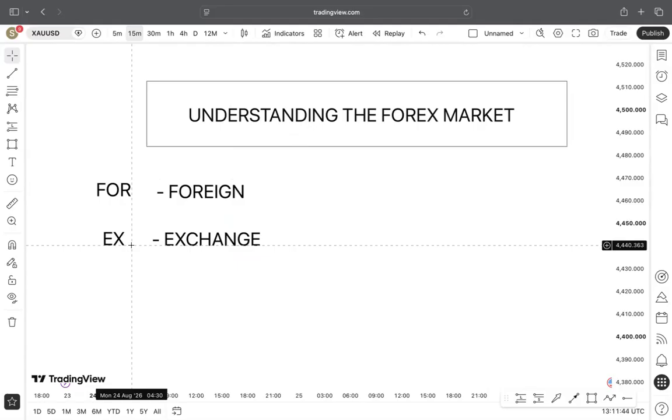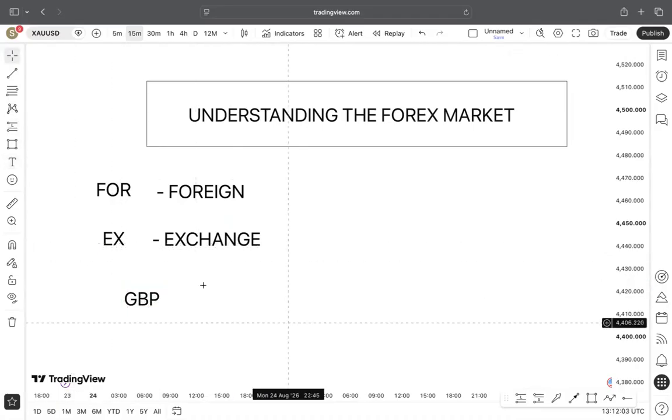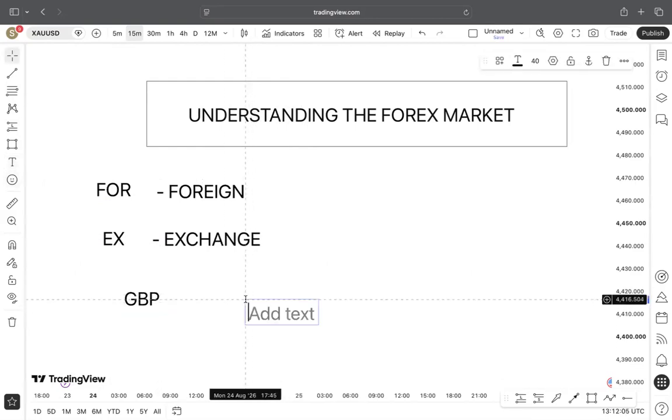So foreign exchange simply means an exchange of two foreign currencies, one against the other. For example, you can see pairs like GBP and another currency, USD.